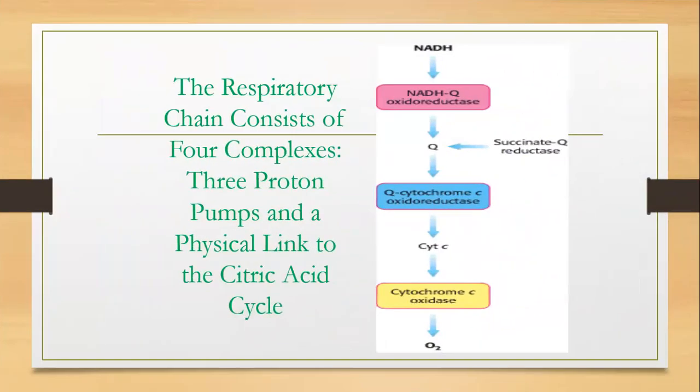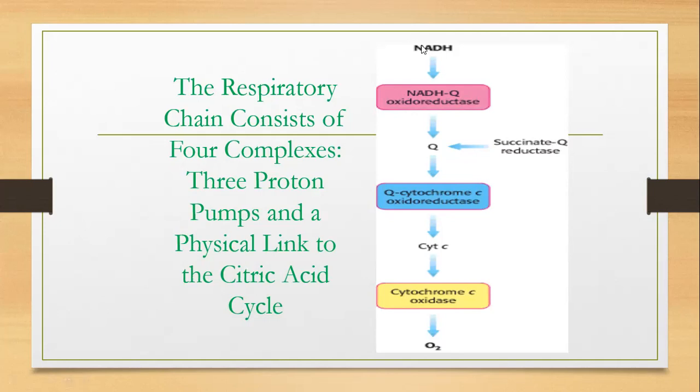Okay, so let's go to the enzymes, ano? So ito yung kwento ng enzyme. The respiratory chain consists of 4 complexes, ano? 3 proton pumps and a physical link to citric acid cycle. Kung natatandaan nyo, nung high school meron tayong complex number 1, 2, 3, at 4, and then yung ATP synthase kung minsan tawag nila din complex number 5, no?